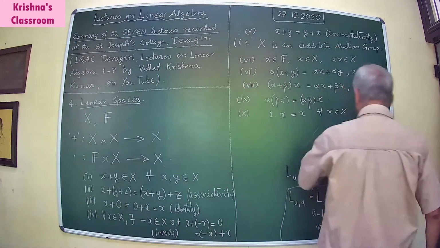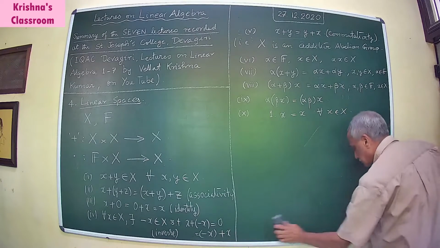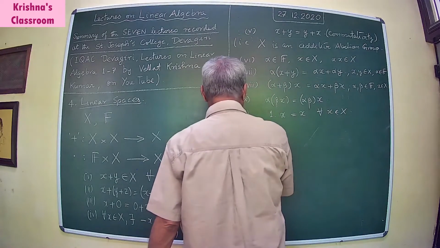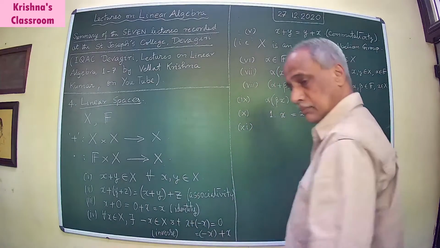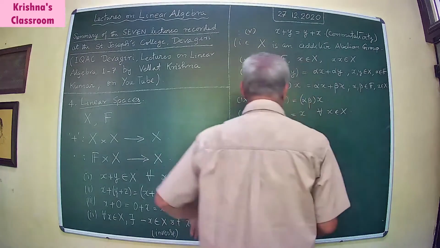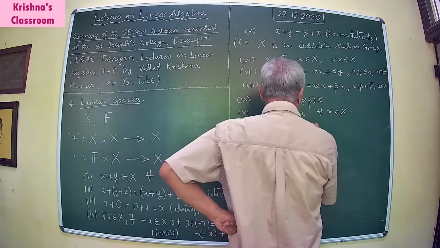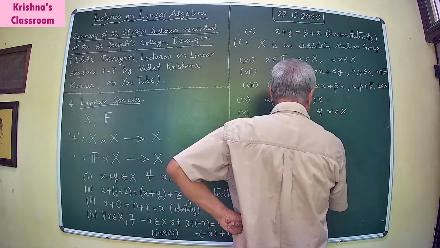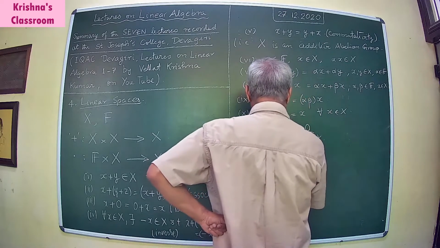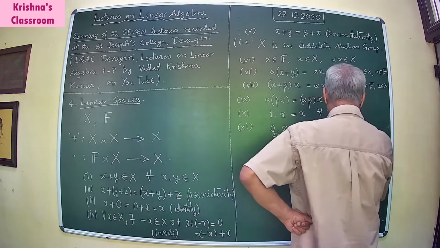Then you have zero into x equals 0, where this 0 belongs to X. Yeah?